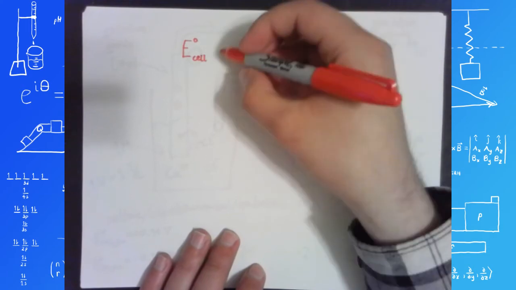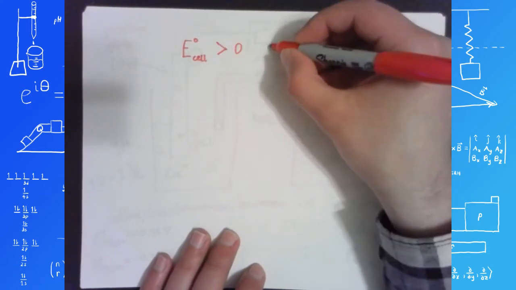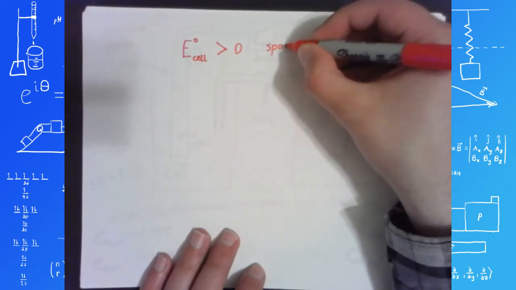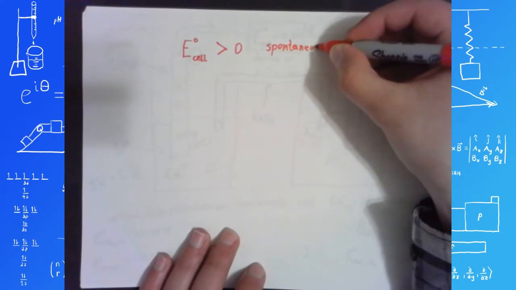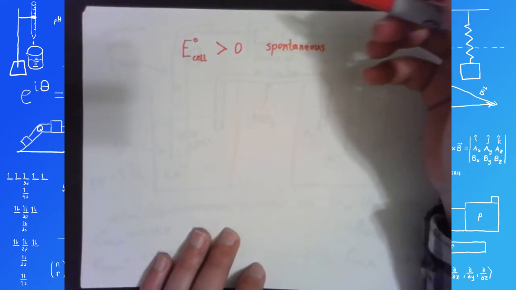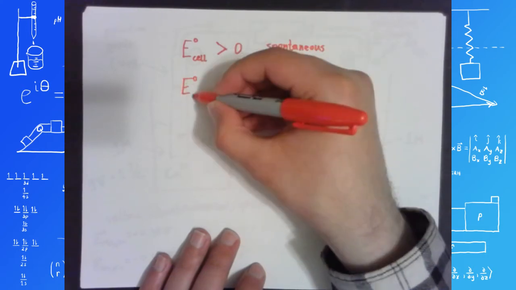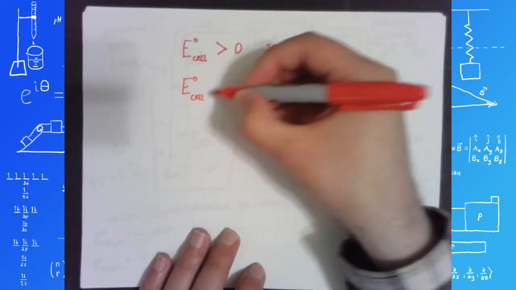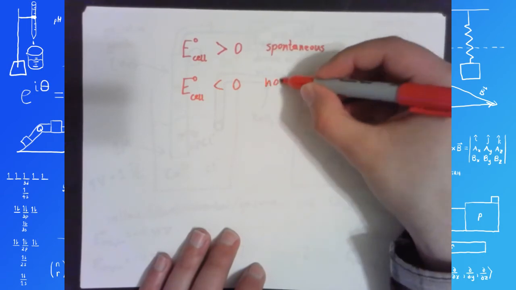In general, if E cell is positive, if E cell is greater than 0, then that's a spontaneous process. If we get a positive value for E cell, it's going to be spontaneous. If we get a negative value for E cell, it's going to be non-spontaneous.